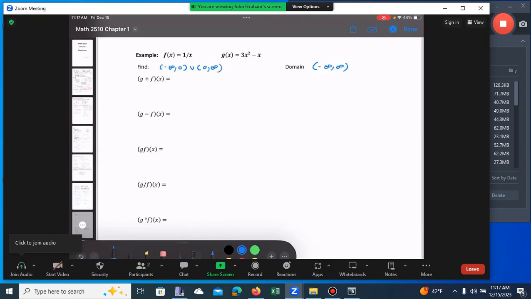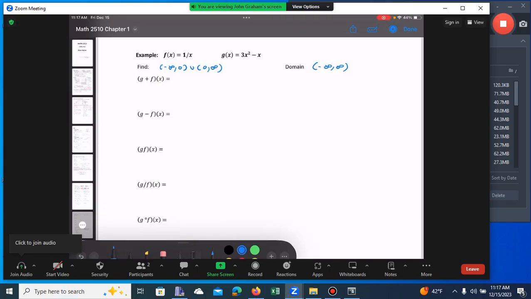Okay. So now for all of these, you're going to have the intersection between these domains being the new domain, or at least part of the new domain. So for all of these, we are still going to have to restrict 0 because it's restricted in f of x.